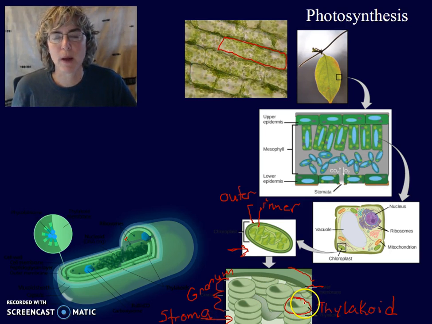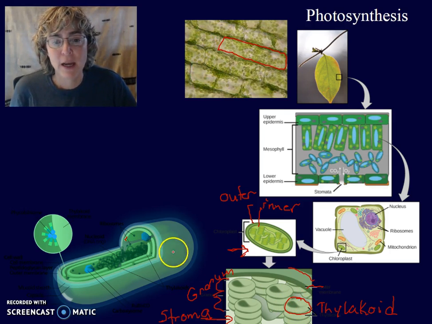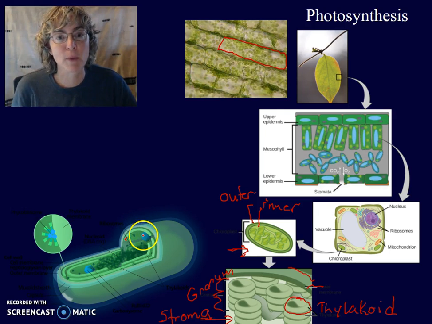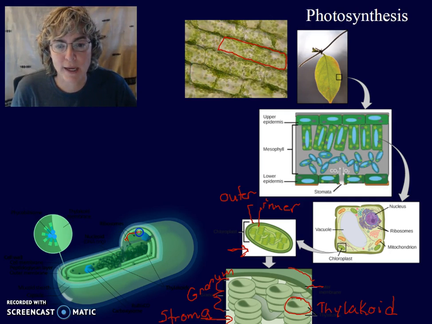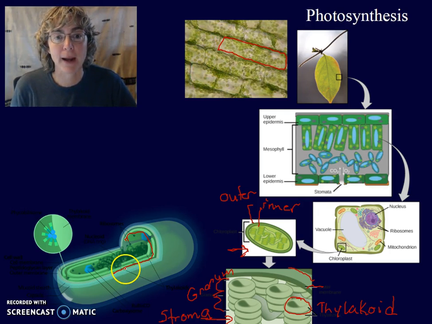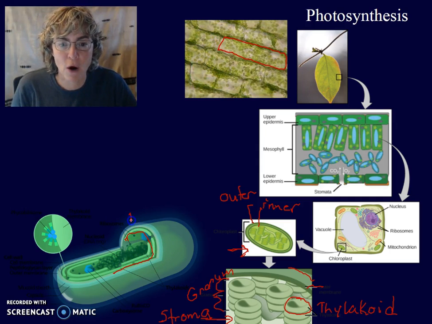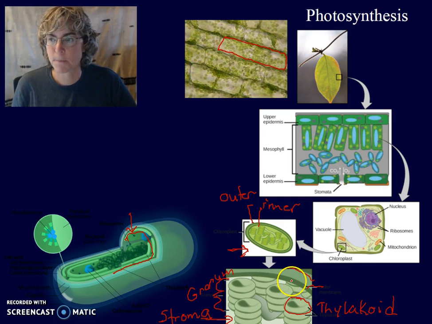Okay, so photosynthesis is happening in each of these thylakoids in a eukaryote. In a prokaryote, remember prokaryotes don't have organelles, but they do have thylakoids. And these structures right here that are just inside of the cell membrane are thylakoids. So they can also do photosynthesis.